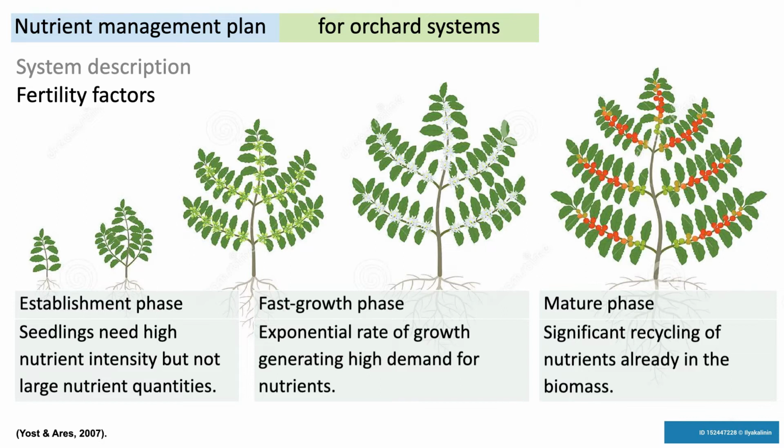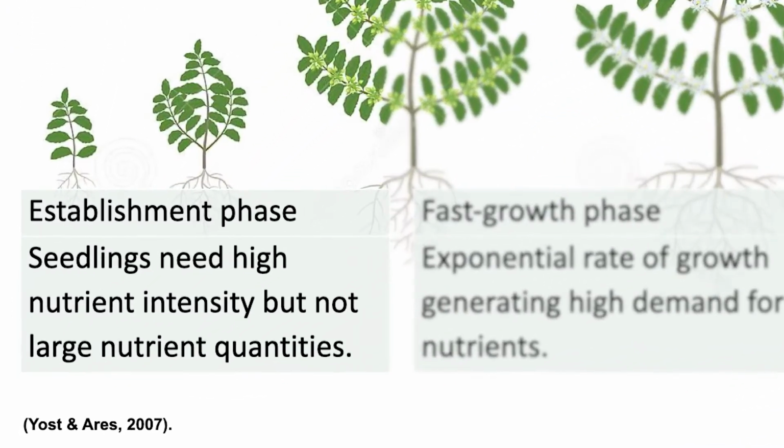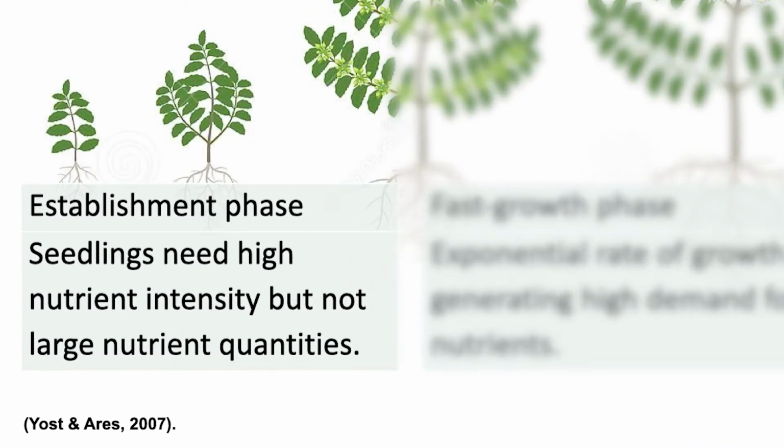in those phases. For example, in the establishment phase, these seedlings need high nutrient intensity, but maybe not large nutrient quantities. These plants are small. The reason they need high nutrient intensity is because the root system is establishing, so you may not have an extensive root system. We really care about the intensity, the concentration of the nutrient within proximity to that small root mass.